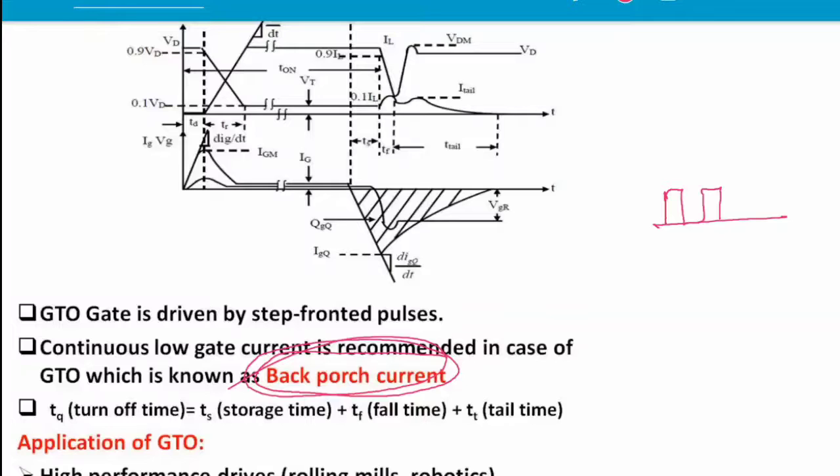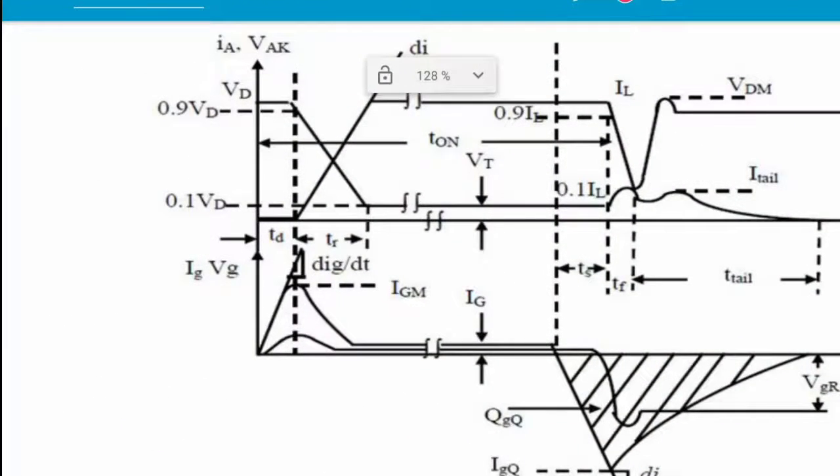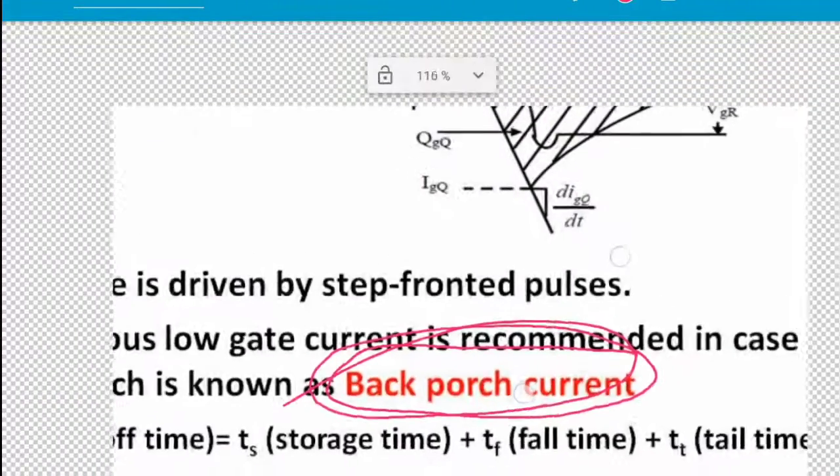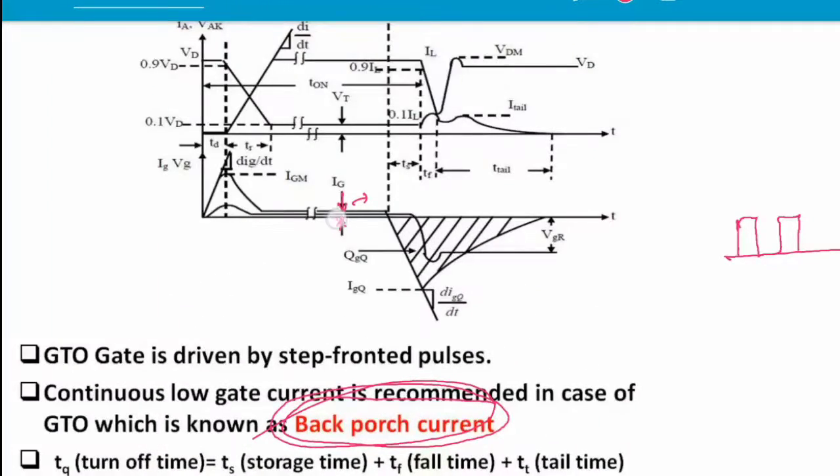But in case of GTO, it is recommended to apply a very little gate current to maintain that anode current. If we consider this is the gate current and voltage, here a little gate current is given at the time of operation. This is not 0, this is some positive value, and this is called back porch current.